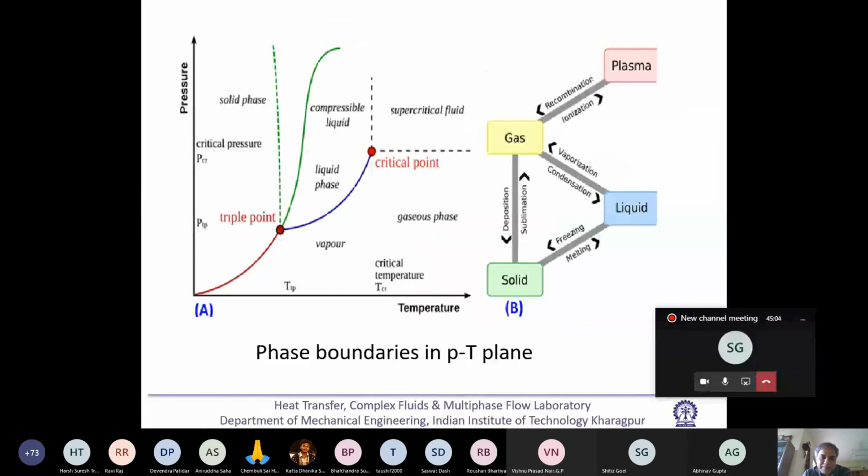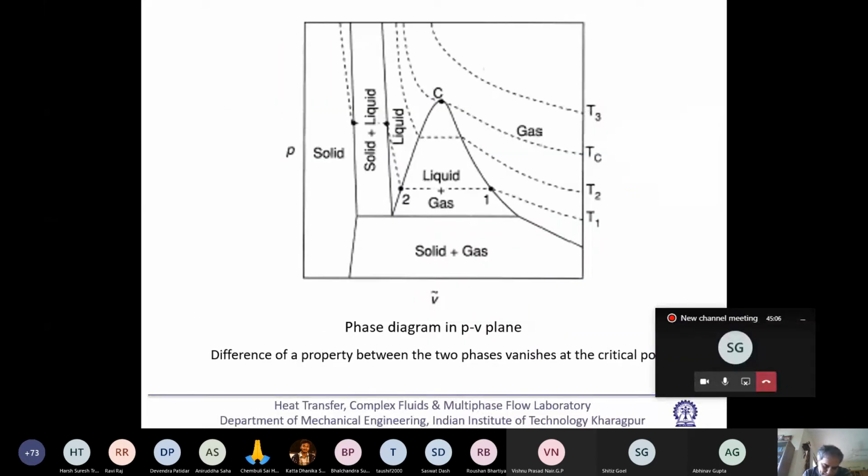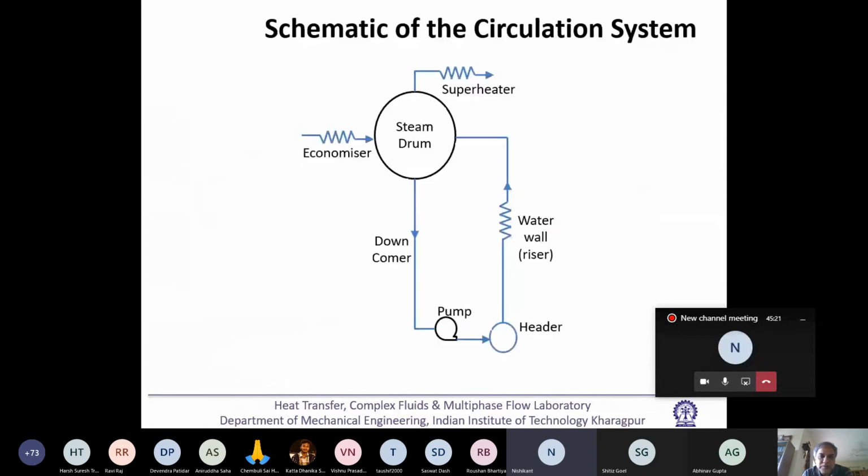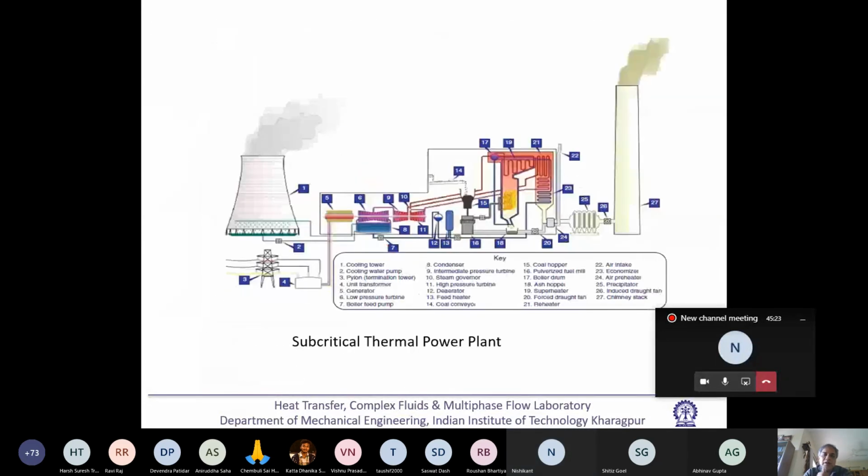Any other question? Sir, can you explain in the figure where the steam drum and the economizer parts are in the subcritical cycle? The steam drum is here, the circular thing.